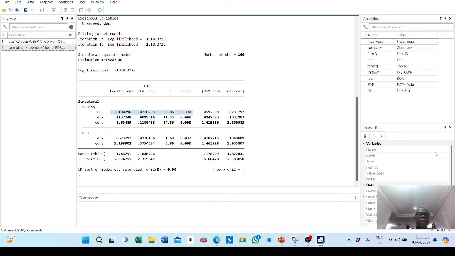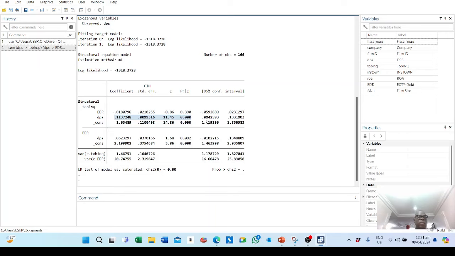So that means that path is not significant. And if you look at the path of dividend per share on TobinsQ, it has a positive coefficient of 0.11372, and it is highly significant at 0.01%. So dividend per share has a highly significant impact on TobinsQ.